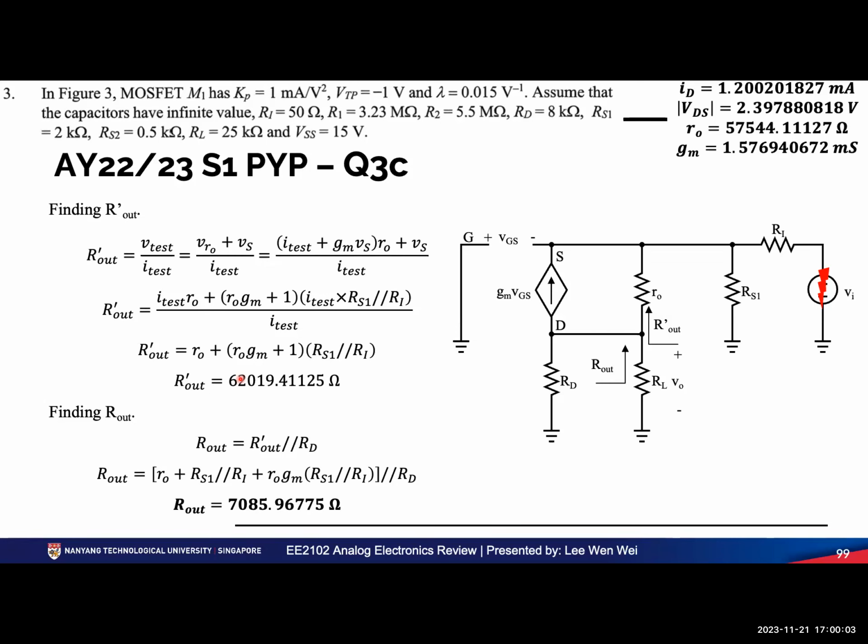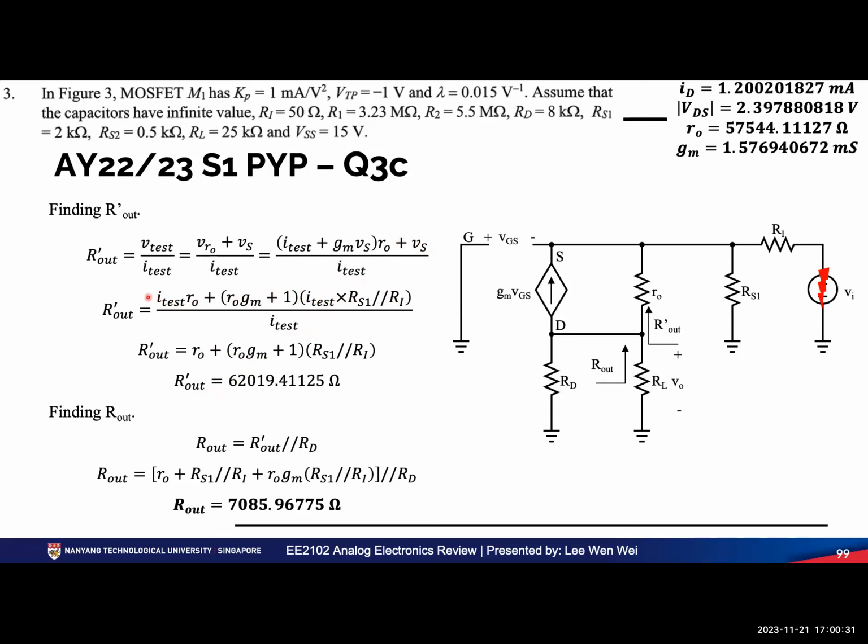GMVS. The I test plus GMVS is but I test minus GMVGS, right? Where? This part is plus because of the VS, right? Here +1. Yeah. This VS corresponds to this one because this whole term, this thing is VS. No, the first line, the I test one plus or this one?